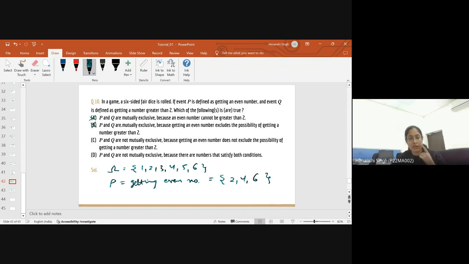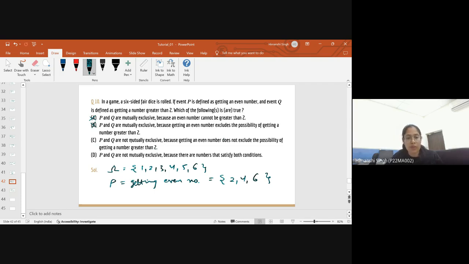So we are left with options C and D. So the reasoning they are giving is that P and Q are not mutually exclusive because getting an even number does not exclude the possibility of getting a number greater than 2. So according to you, is it correct? Yeah, it is correct because getting an even number does not exclude the possibility of getting a number greater than 2. So yes, basically it is the correct option.